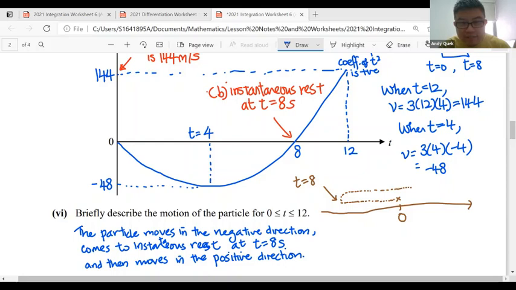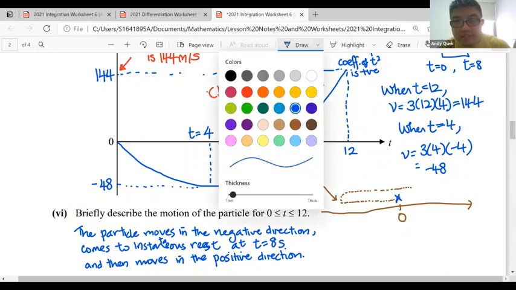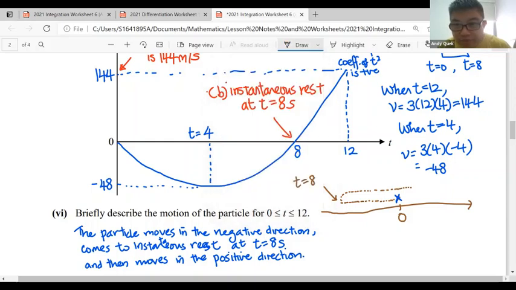Let's look at the description of the motion. So this brown thing I drew here, it starts from 0 here, right? And then it moves in the negative direction until it comes briefly to rest at t equals 8. Could this be the furthest it is from O?